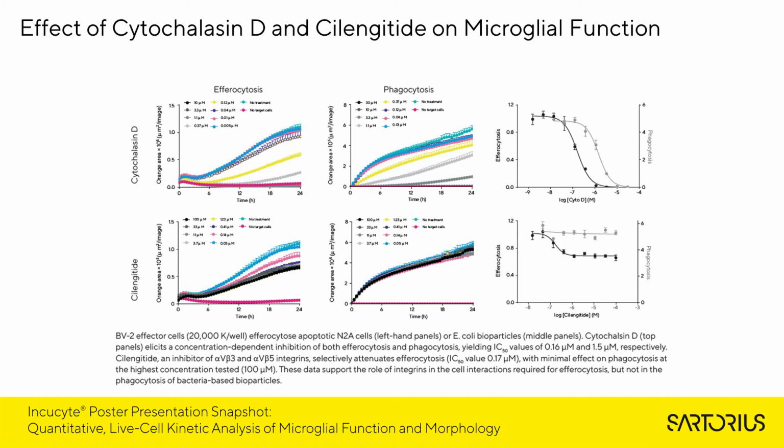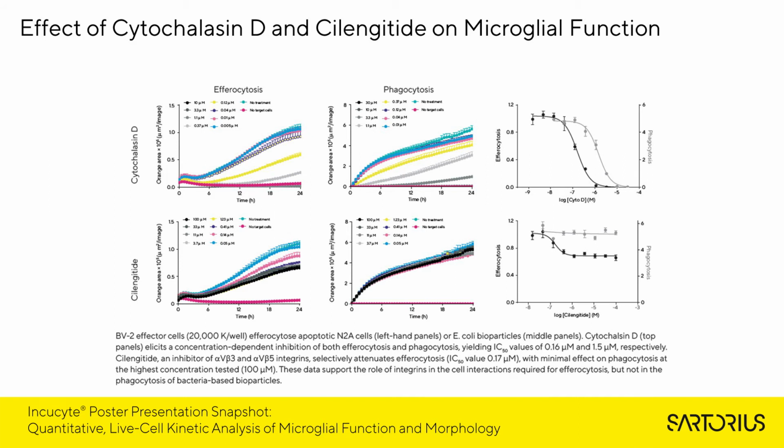Cytochalasin D, across the top, elicits a concentration-dependent inhibition of both efferocytosis and phagocytosis, with EC50 values of 0.16 and 1.5 micromolar, respectively. Selengitide, an integrin inhibitor, selectively attenuates efferocytosis with minimal effect on phagocytosis at the highest concentration tested of 100 micromolar.